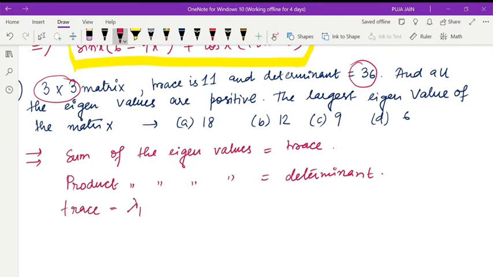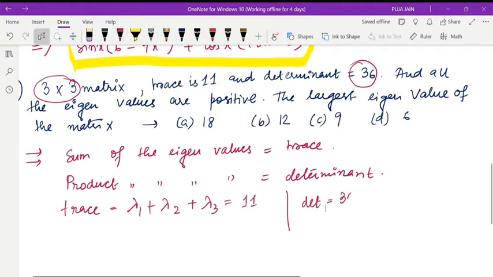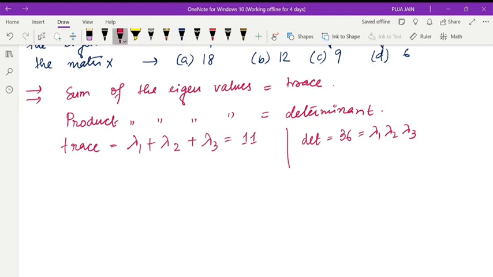So let the eigenvalues be lambda 1, lambda 2 and lambda 3. Their sum is 11, given, and the determinant, that is 36, given, is equal to lambda 1, lambda 2 and lambda 3. Now we just need to solve these two and we will get our result.